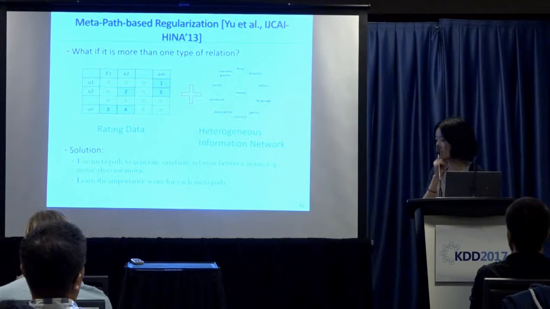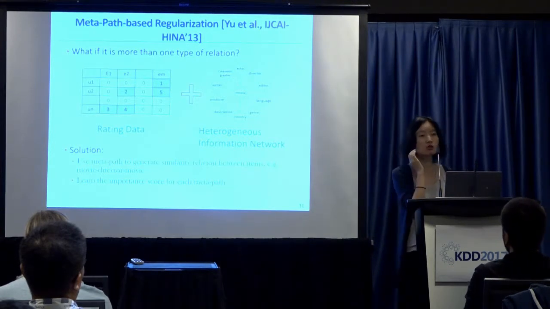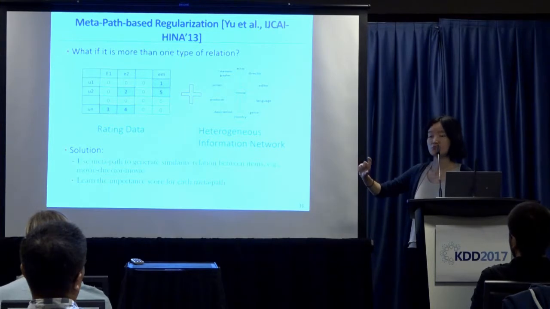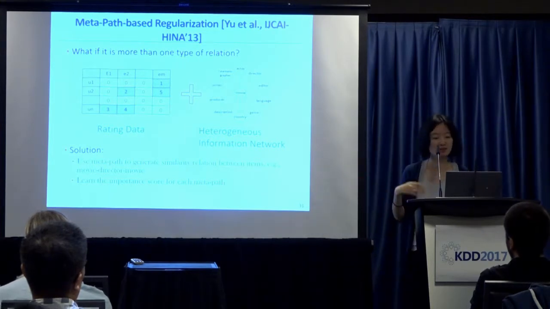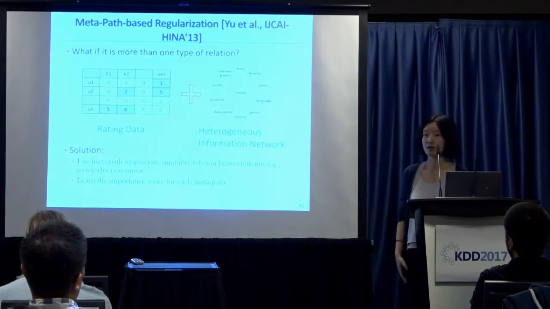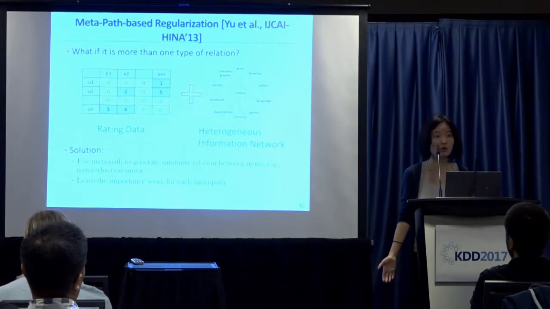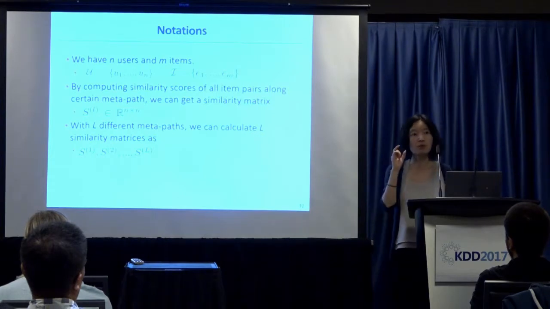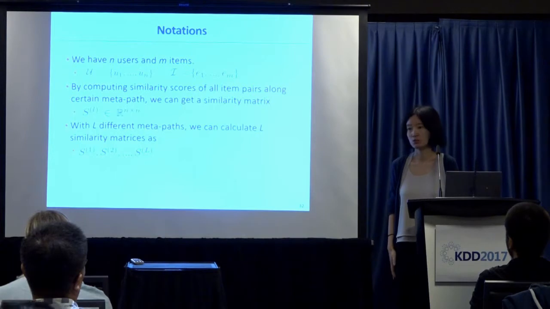Okay, so essentially, we also want to do graph regularization based on this kind of movie similarity network, right? But we have so many. Previously we just had the user social network, but now we have so many. What should we do? That's why we really need to learn the importance weight for each possible similarity network.